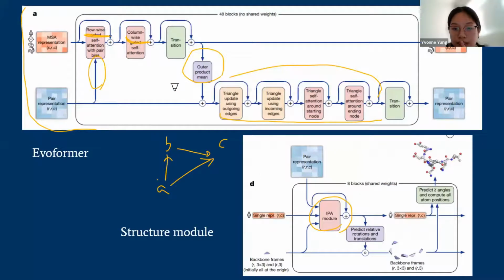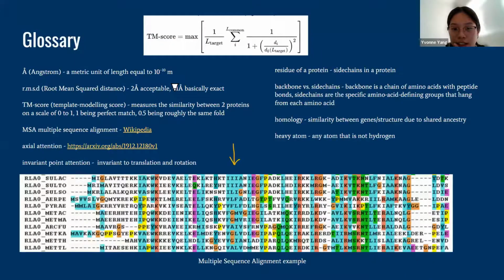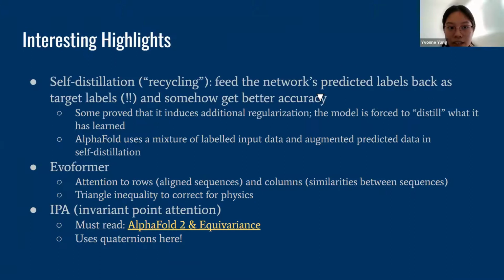So I think that's about it for the high level idea. And if you were to read the actual paper, there's some helpful terminologies here that I explained. And this is sort of what I talked about.